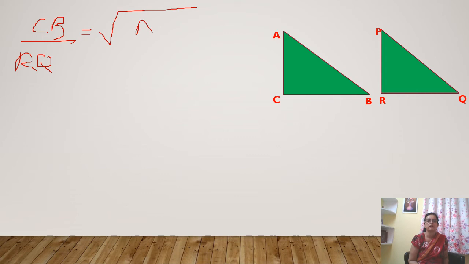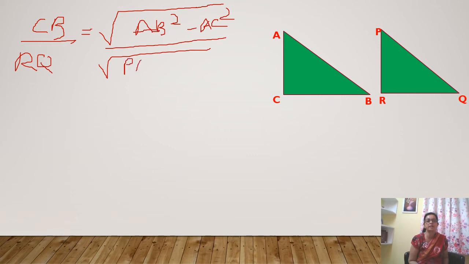Root of AB squared minus AC squared. Similarly, RQ was square root of hypotenuse PQ squared minus PR squared.